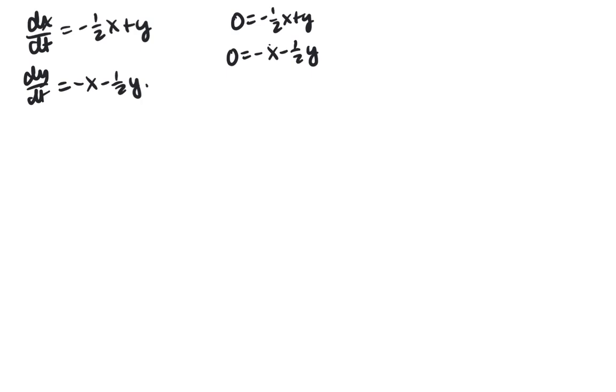If I eliminate these, if I multiply the second one by 2 and add them, I'll get 0 equals negative 2.5x. So I'll get x equals 0, y equals 0 is my critical point of this system of differential equations.